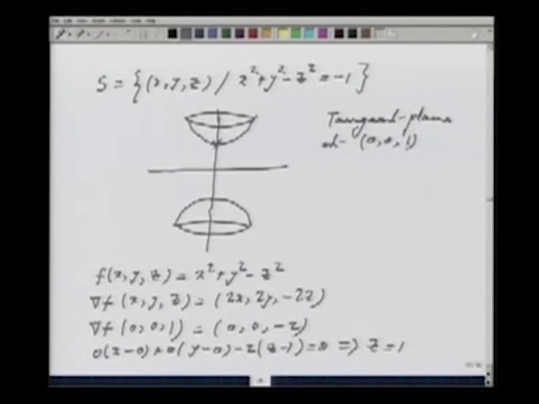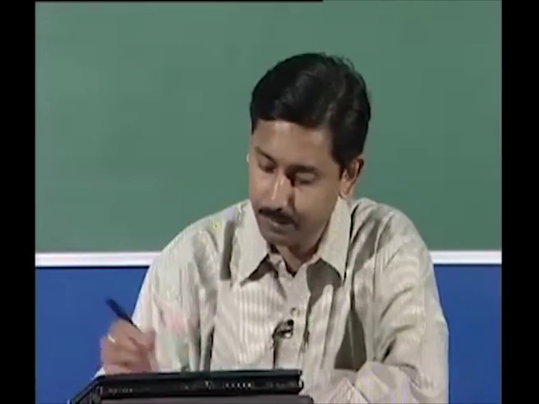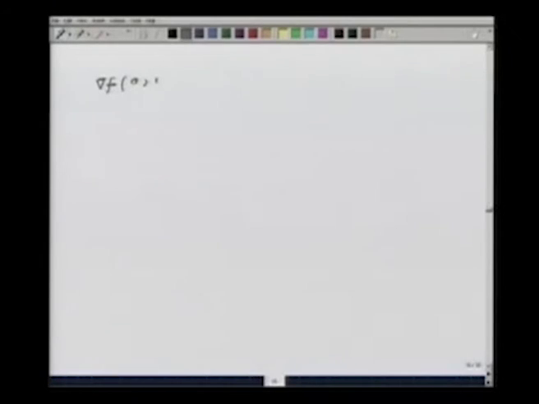What happens to the tangent plane at 0, 0, minus 1? So I have to calculate grad f at 0, 0, minus 1. That means I get 0, 0, 2. Then the equation of the tangent plane is 0 into x minus 0 plus 0 into y minus 0 plus 2 into z plus 1, because my point is 0, 0, minus 1, equal to 0.